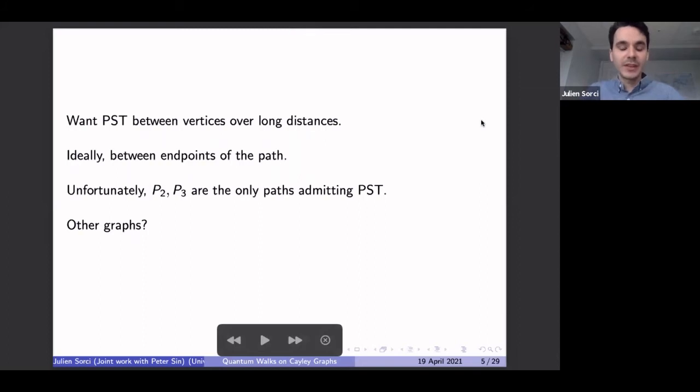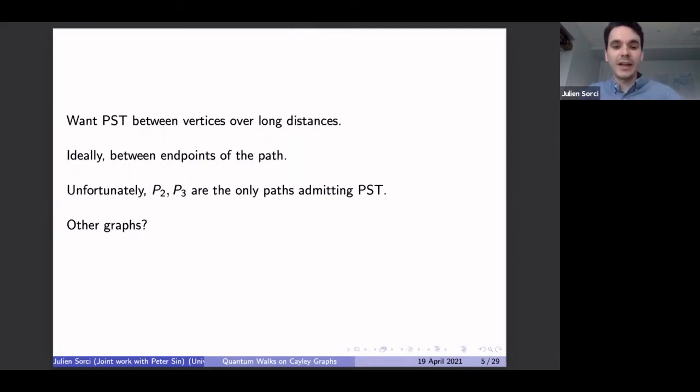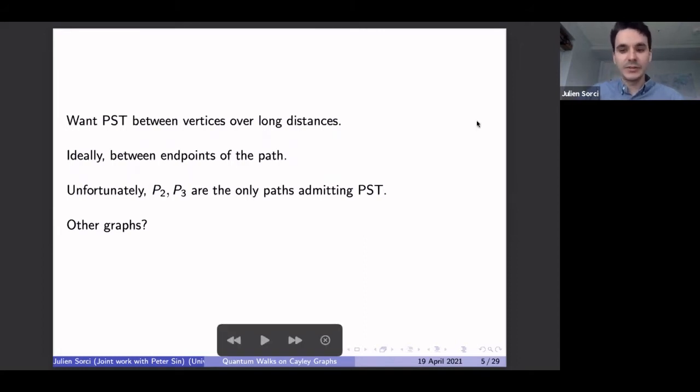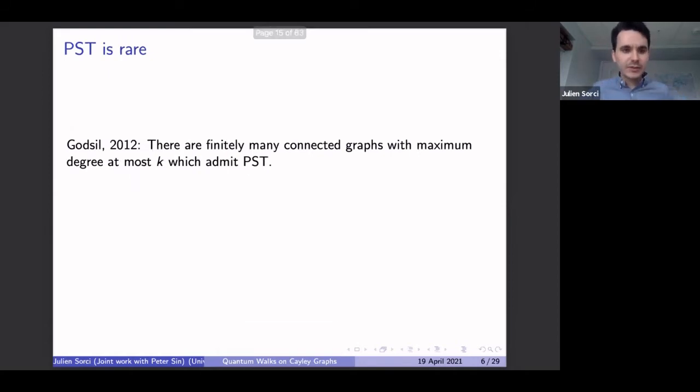But unfortunately, it's known that the paths of length 2 and 3 are the only paths that admit perfect state transfer. So this led a lot of people to ask, well, what other graphs could we find that admit perfect state transfer? In general, it's known that finding graphs that admit perfect state transfer is not an easy task because it's rather rare.